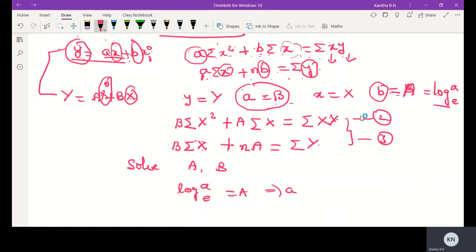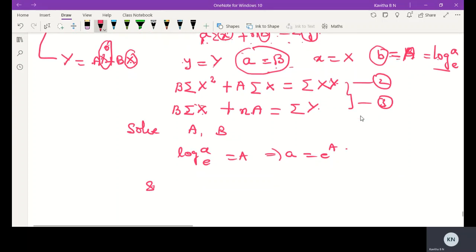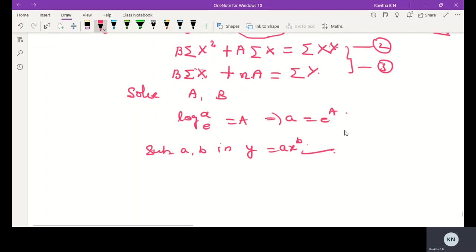Then small a is equal to e to the power of a. Substituting a and b in y is equal to a x to the power of b, this is the fitting of a curve of the form y is equal to a x to the power of b.